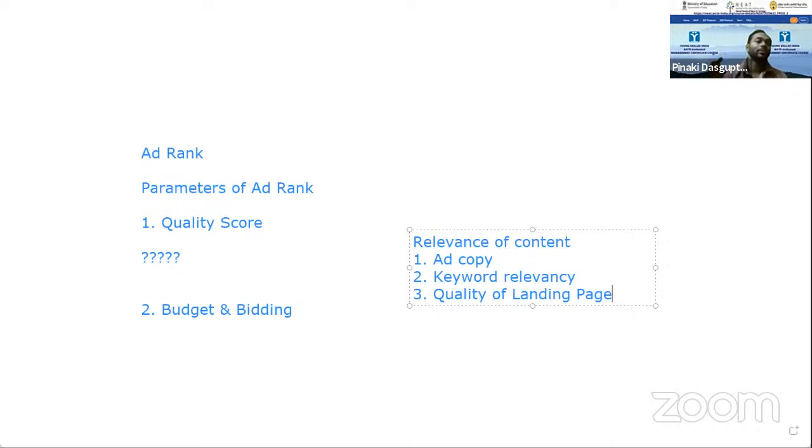Say you have used the keyword digital marketing and you are promoting data science, so it will not work. You are promoting a data science course, but your ad copy reflects something else, that will not work. So you have to maintain relevancy between your ad copy, your keyword, and your landing page.